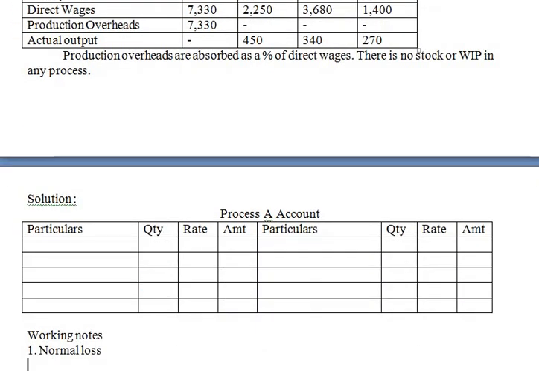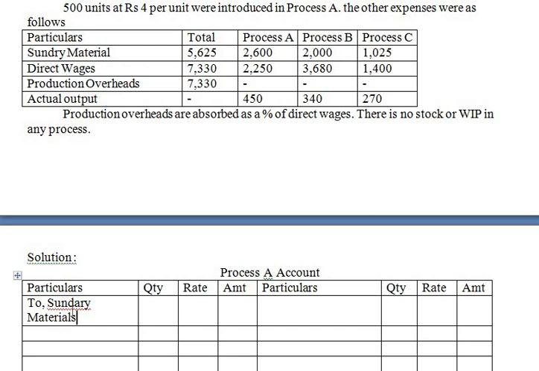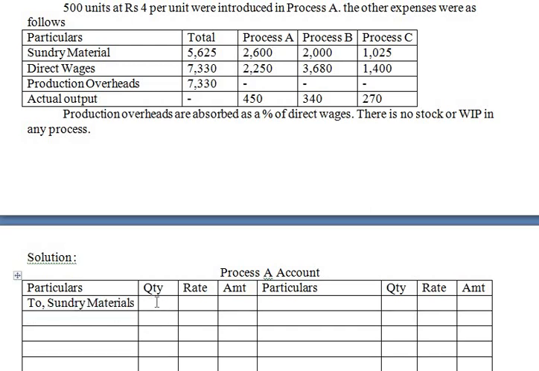Sundry materials 2,600 on the debit side. But before entering sundry materials, first we need to show the input.